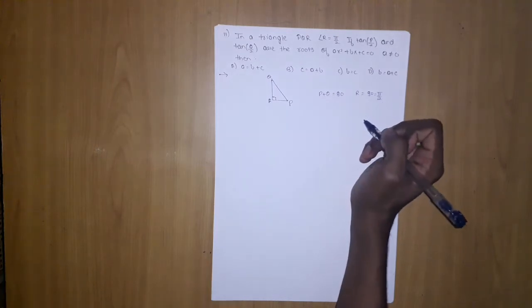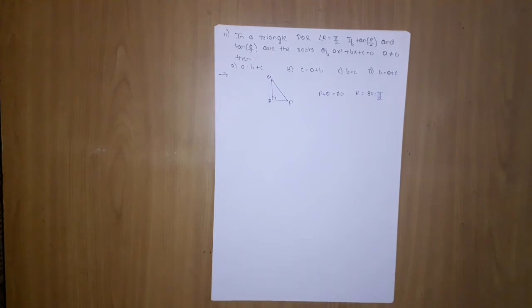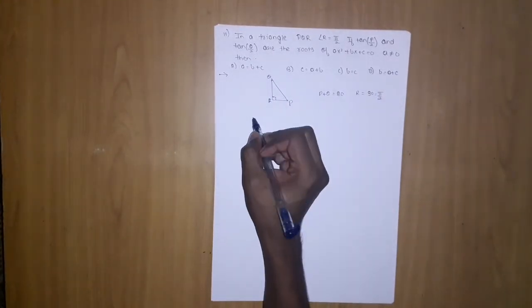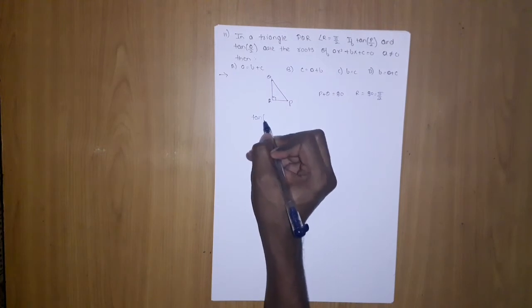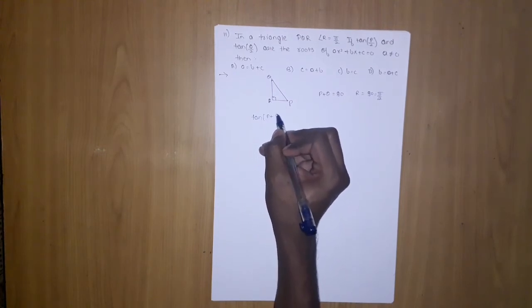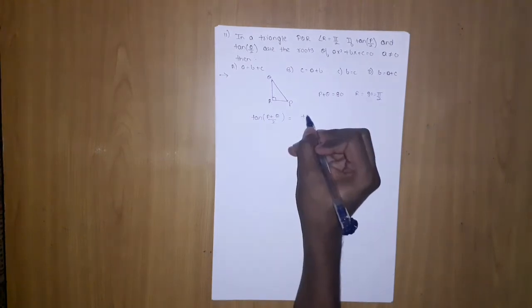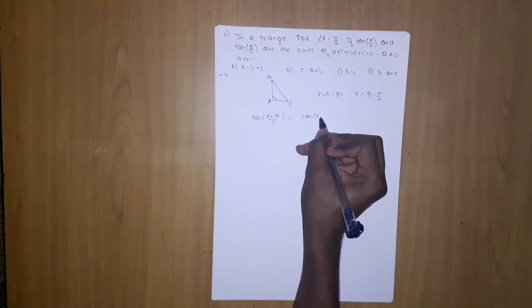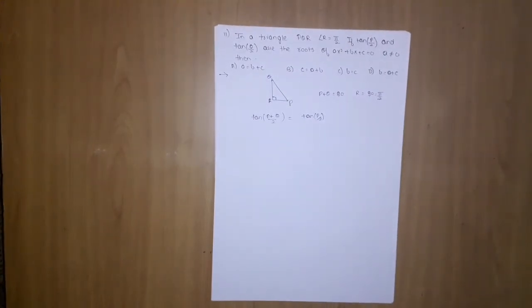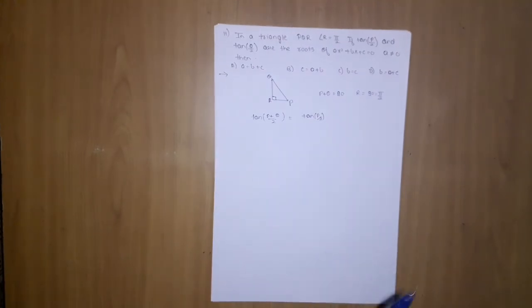Now, this question involves application of basic trigonometry formulas, like tan((p+q)/2) should be equal to tan(p/2)... This thing you should know, because in the solved examples there are such questions.